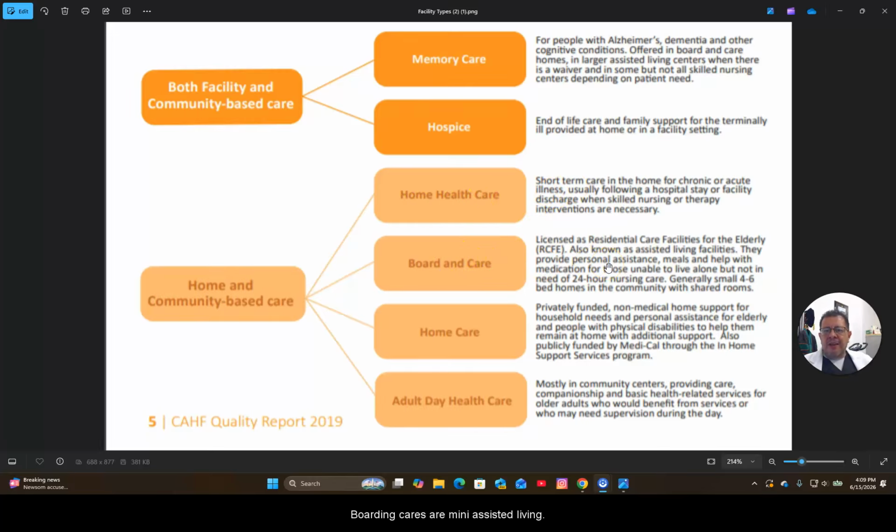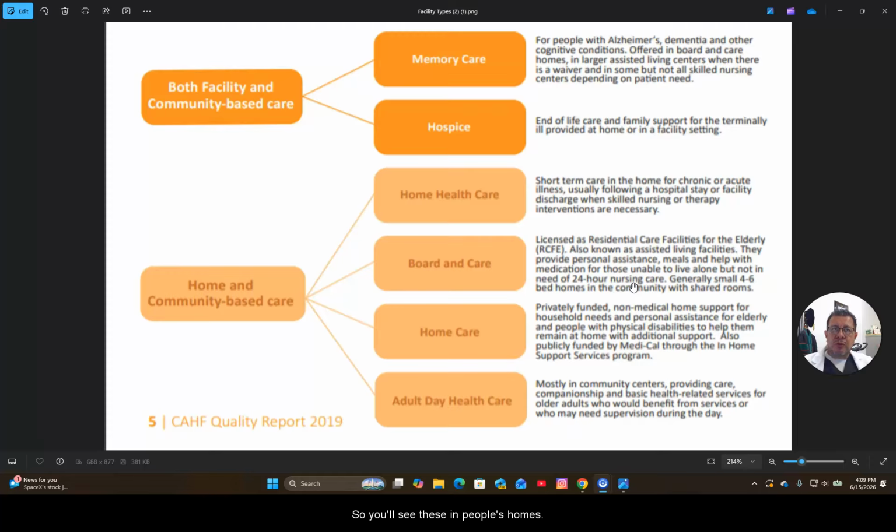Boarding cares are mini assisted living. That's exactly what they are. Okay. They don't necessarily need 24-hour nursing care, because then that would be a skilled nursing facility. These are licensed residential care facilities, okay, RCFEs, but they're smaller.